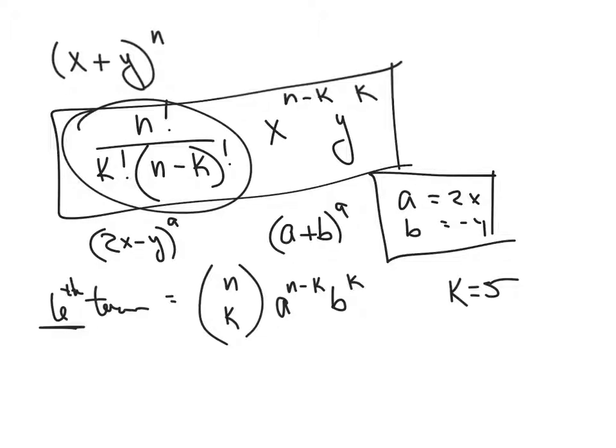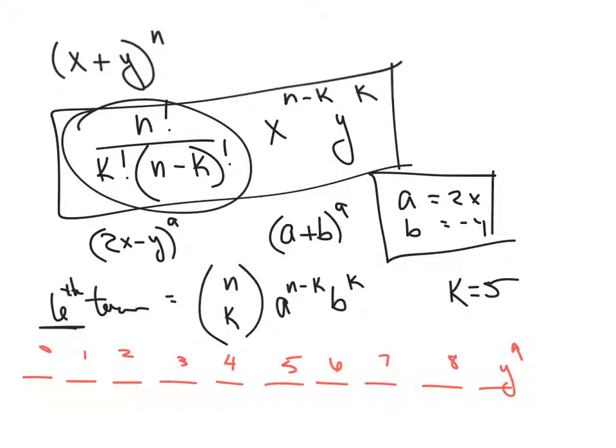Okay, so that's my formula, and I know that k is 5, because we're talking the 6th term, and remember we're going 9, 8, 7, 6, 5, 4, 3, 2, 1. So I know that my 6th term is going to have as my y exponent, which is k, 1 less. If you need that spelled out, we've got 10 spots, and over here, my y is going to be 9, 8, 7, 6, 5, 4, 3, 2, 1, and then 0.